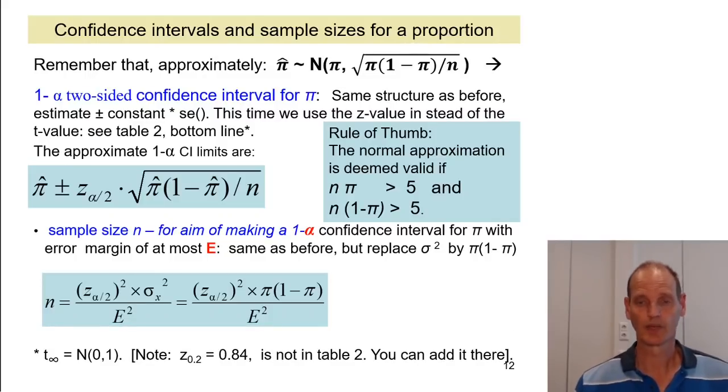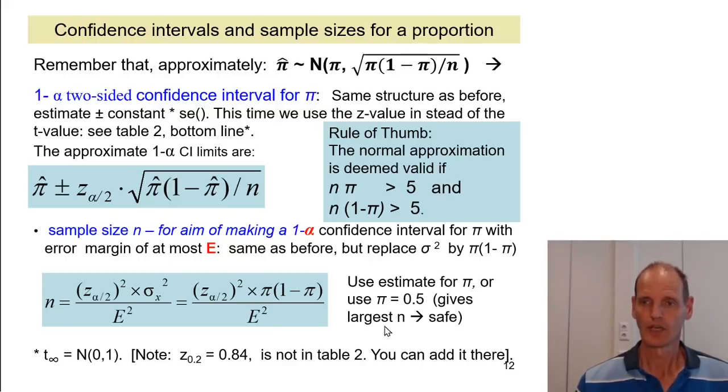Now if you look at the formula, you see something funny is going on. We want to make a confidence interval for pi with the data, but to do that we need to know what pi is. Well, in many cases there may already be some idea. For example, if pi is less than 0.2, then you could use 0.2 as a guess. The idea is that here we bring in a sort of guess, and if we have no idea at all, we could use pi is 0.5.